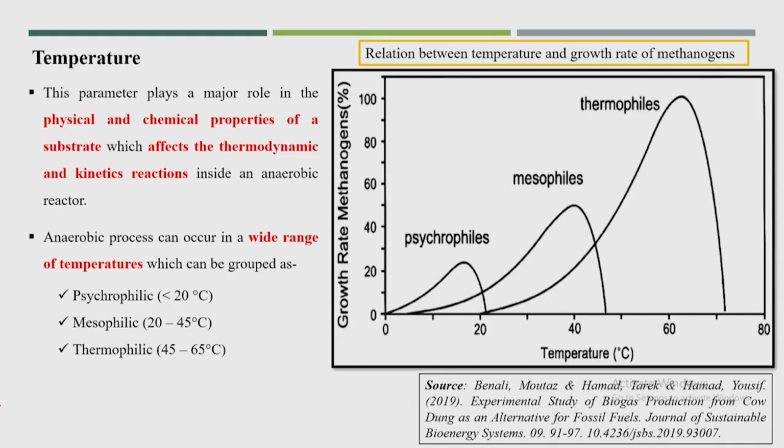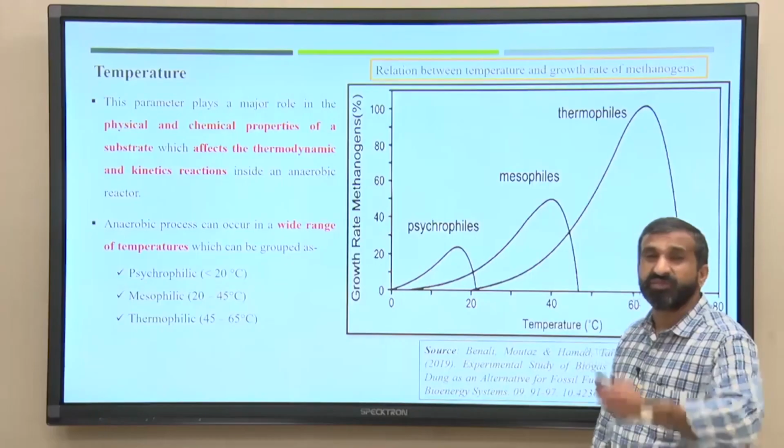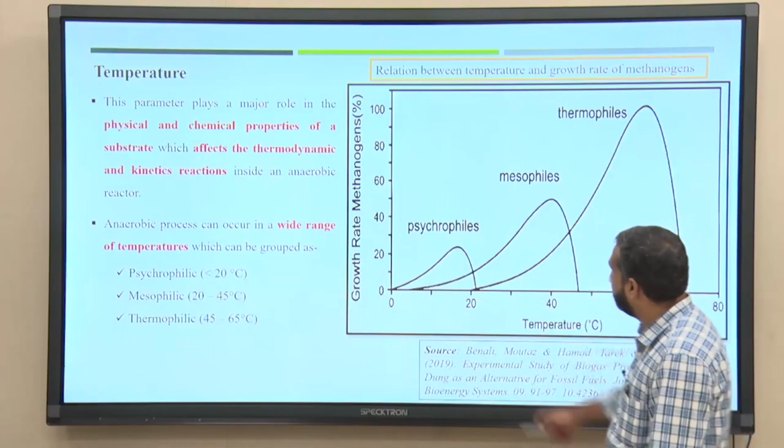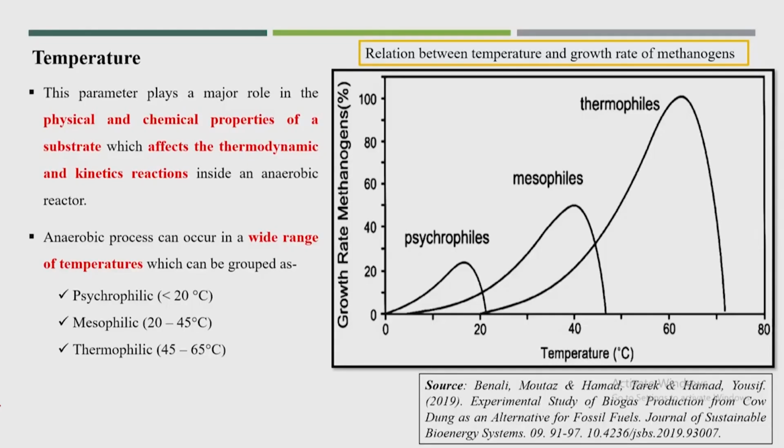If you see here the growth rate of methanogens, at which temperature will the methanogens grow fast? In the psychrophilic range you will not get much growth of methanogens, and in mesophilic it is okay, but in thermophilic conditions, with temperature more than 45 degrees centigrade, there is a very good chance of production of more methanogens.